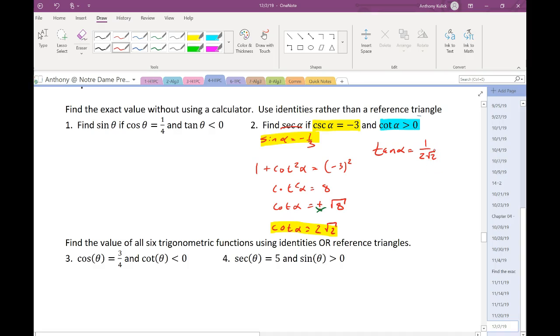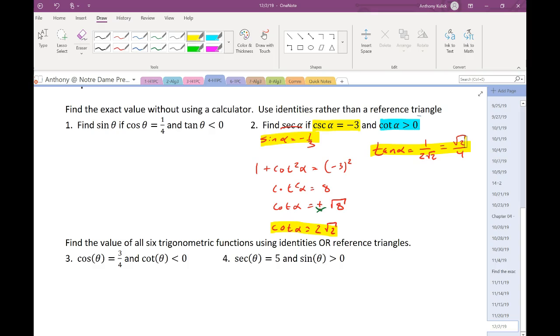But I wouldn't write my answer this way. Why not? I don't want to leave the square root in the denominator. Exactly right. So if I multiply the top and bottom by root 2, I get that. 4 down, 2 to go. Everybody good so far?